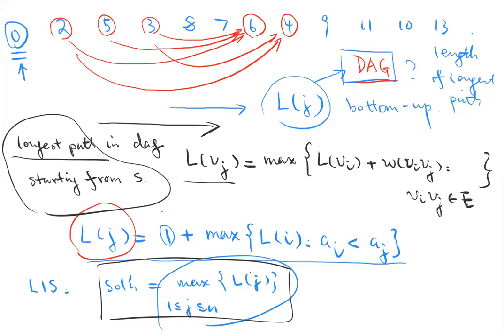Of course, here in the longest increasing sequence, it will differ by 1. Okay, all right, clear? So you get the basic idea of dynamic programming and the underlying DAG. The underlying DAG really tells us how to compute the recurrence in bottom-up fashion. All right.